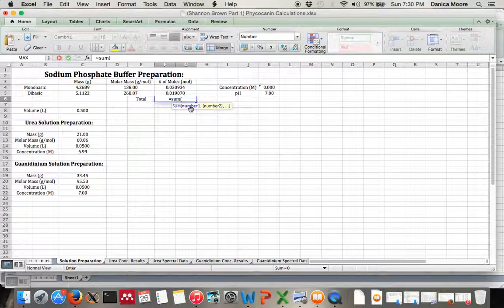So in this case, it wants number, comma, another number, comma, number, number, number, etc. And ad infinitum. Not literally, but you get the idea. So once I've got the first parentheses, I'm going to go ahead and enter in these two and end parentheses, and then press enter. Now I have the sum of my total moles.